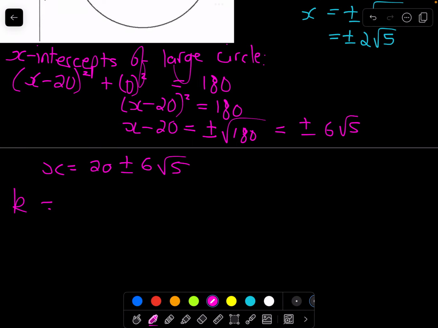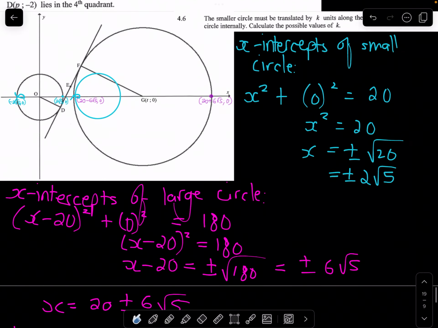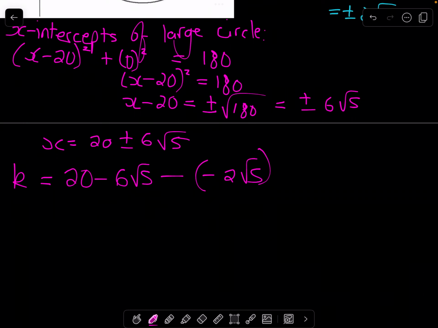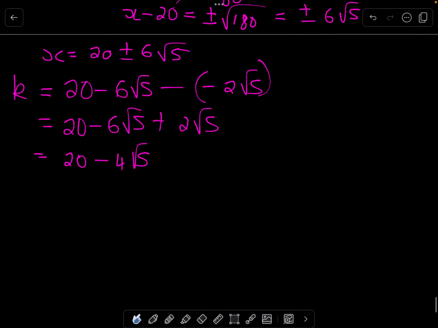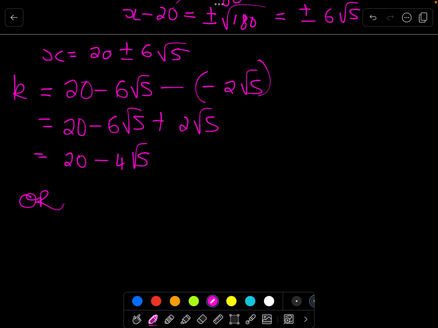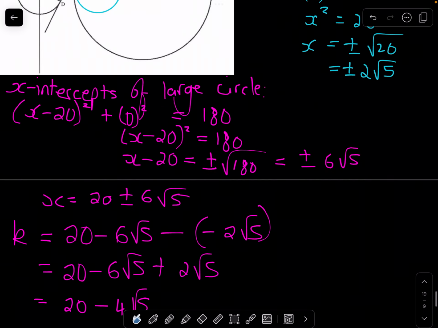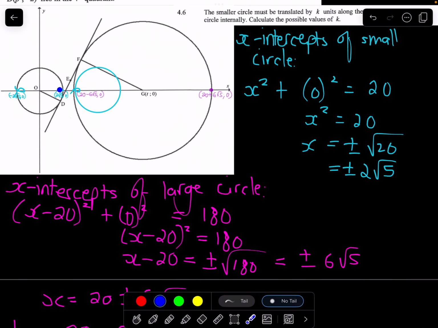So k will either be equal to 20 minus 6 root 5 minus negative 2 root 5, which is 20 minus 6 root 5 plus 2 root 5, which is 20 minus 4 root 5. So that's the one possible value of k that will work. Or we need this x-intercept to travel all the way over there.